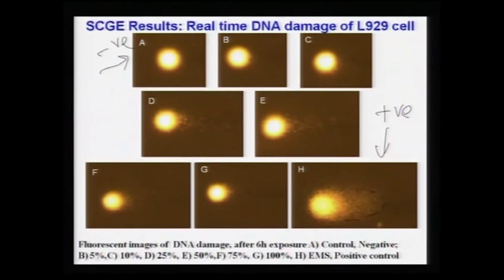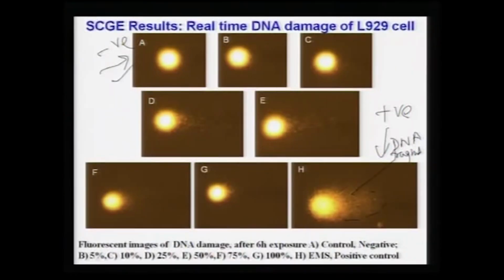Extensive genotoxicity means you see DNA fragmentation. All these dots essentially reflect the DNA fragmentation around the nucleus of the cells. In the case of the negative control, you do not see any DNA fragmentation, okay? And that is what is shown here, negative and positive control.